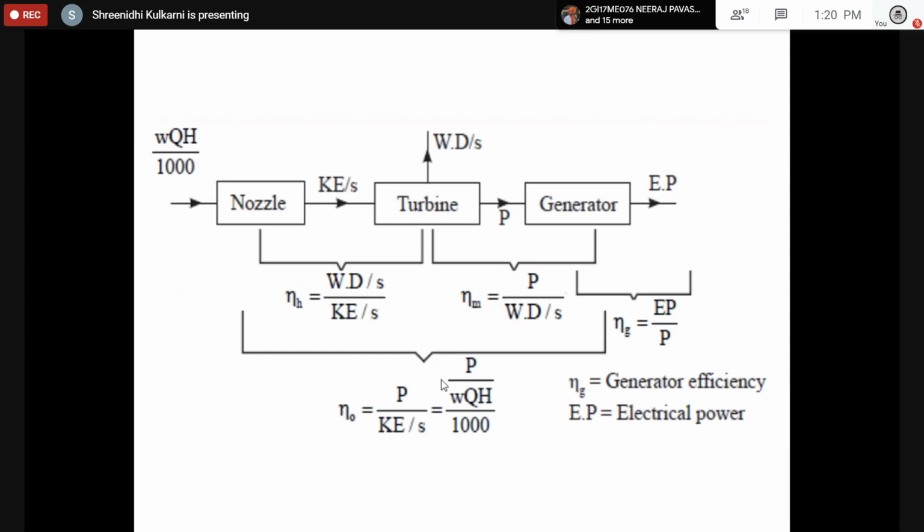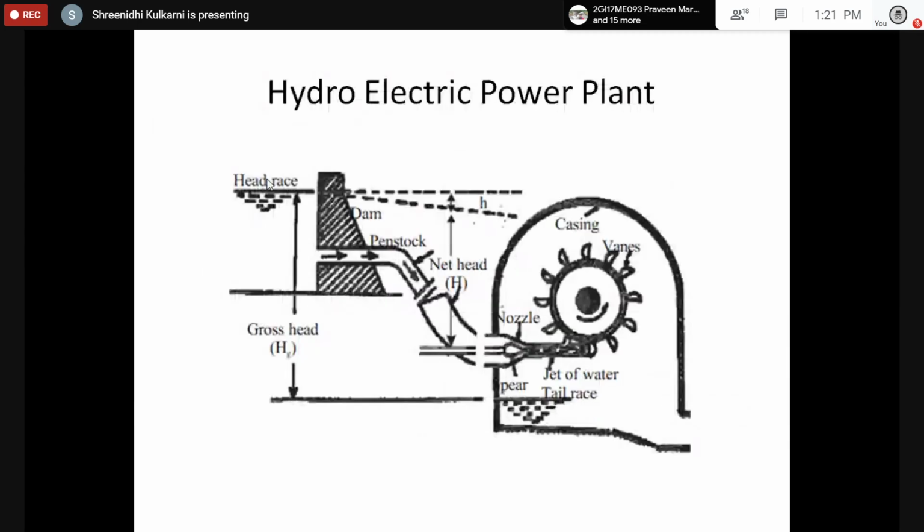Before going to the different efficiencies, first you should know the line diagram, or this is the layout. So first we can take this diagram. This is the nozzle. After the nozzle we have the turbine unit. After this, the turbine is further connected to the generator.